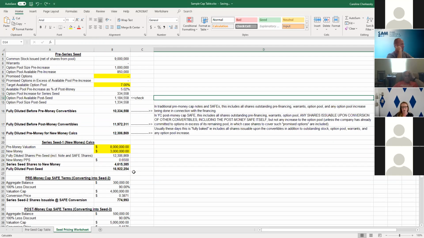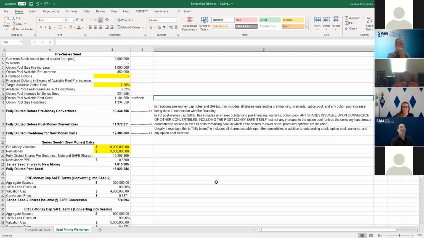Okay. So any questions, Caroline, on the pricing exercise? No, I have no questions, but I think the key takeaway this illustrates is that the convertible securities are certainly better off than investing at the current money, but they're diluted by the new money.